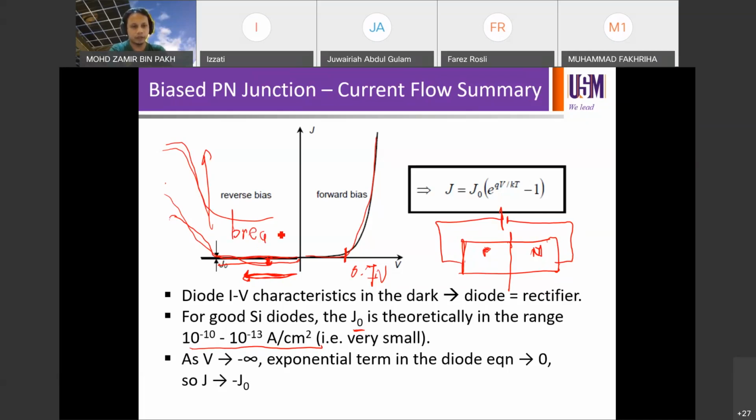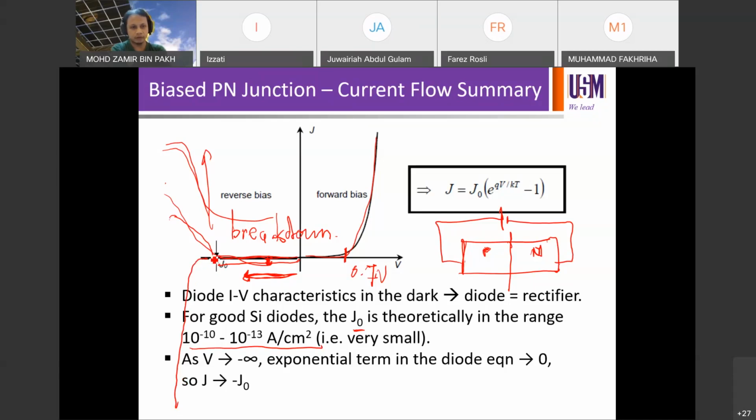It's not on this illustration, it's not on this graph, but I've uploaded a PDF file about PN junction breakdown. You can check, I think 2 days ago or so. If you increase the voltage in the negative region high enough, your junction will break. At that point, you're going to have an exponential increase of current in the negative direction.